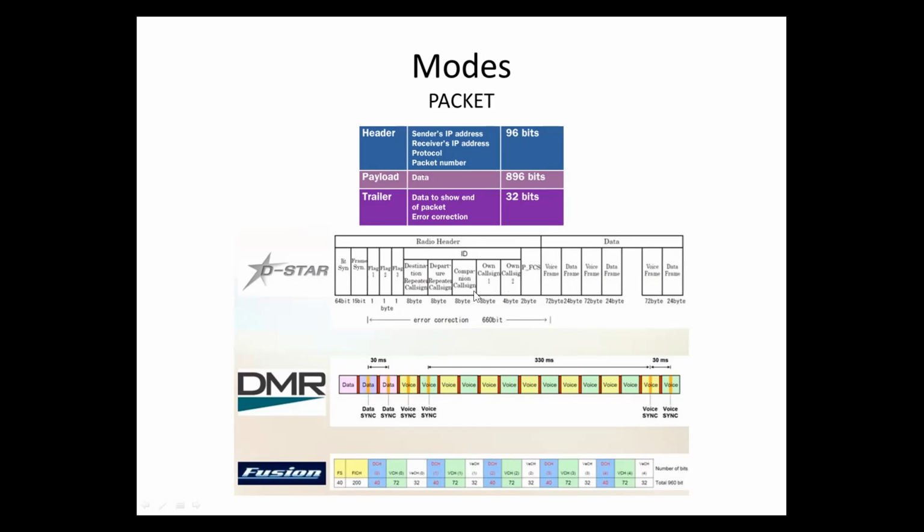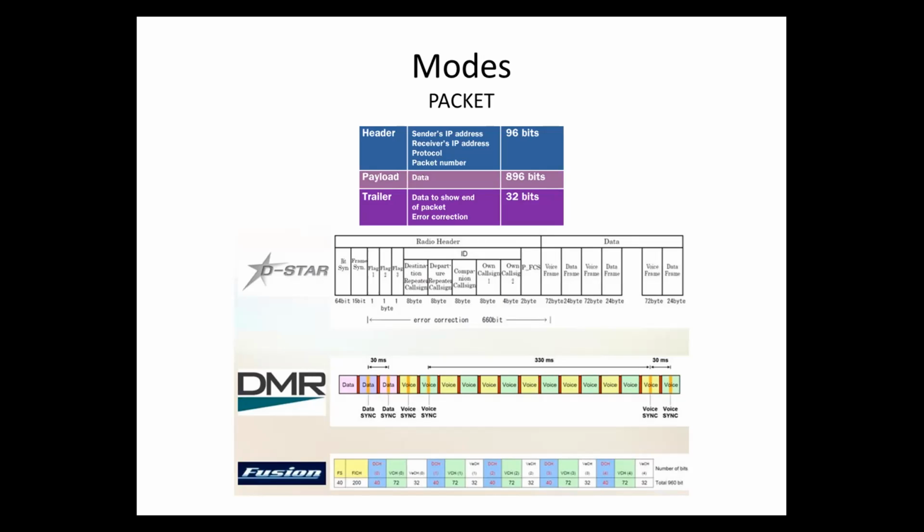So that's what I was talking about earlier when we talked about an encoder and a decoder. Those have to be matched. For example, if you tried to transmit on D-Star and pick it up on a DMR radio, it's not going to work because your encoder and decoder aren't linked together. They're not using the same protocols.